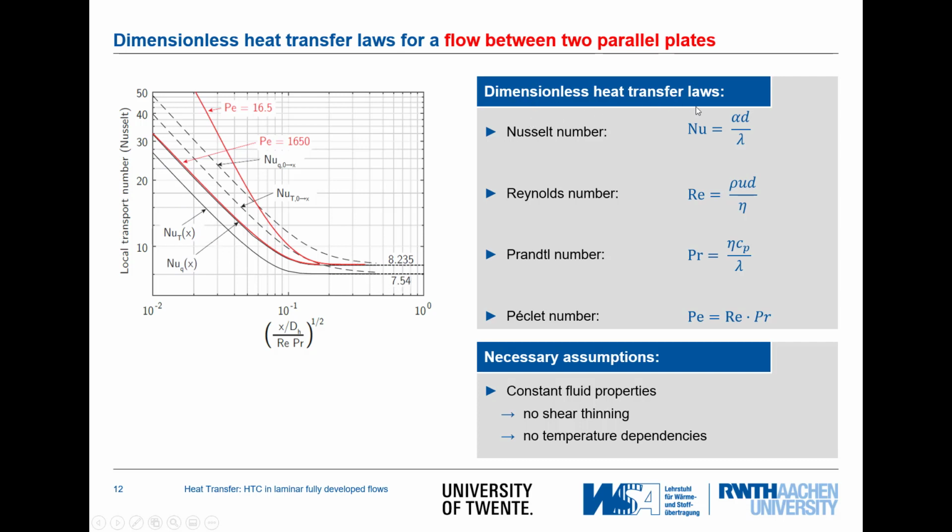There are a few important dimensionless numbers here. Of course, we already had the Nusselt number as the dimensionless heat transfer coefficient, and the Reynolds number, which describes the ratio between the inertia and viscous forces.